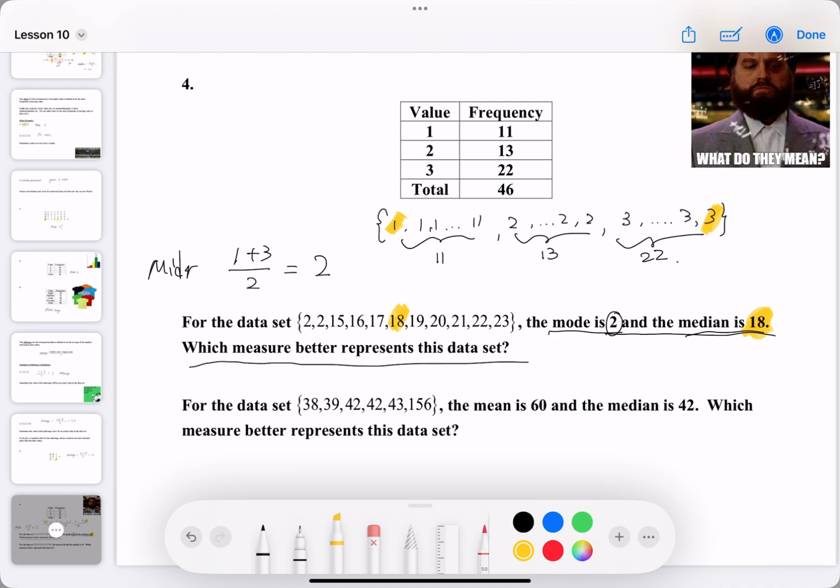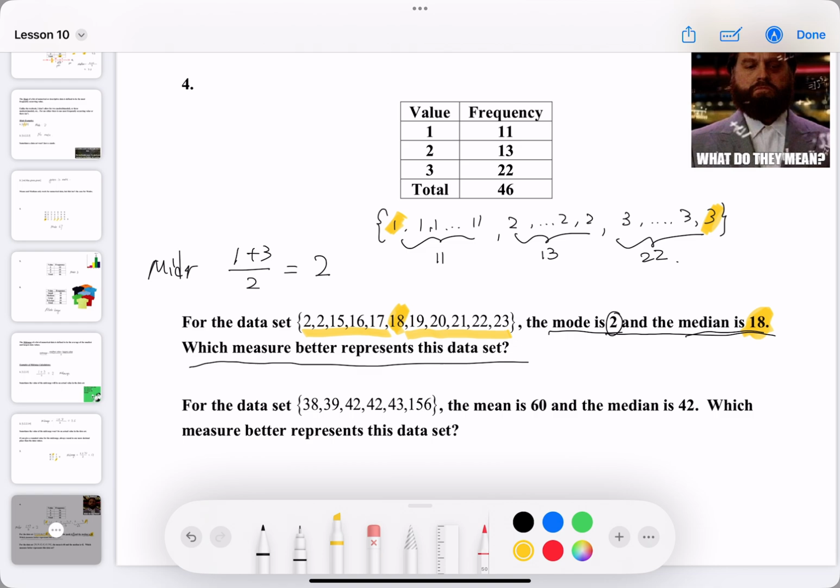Because it's the middle of the data set. Even though 2 happens twice, you see in front of 18 and after 18 we have scattered data. And 2 is the smallest value in this data set. I cannot use 2 to represent the whole data set. So the median is the better way to describe this data set.